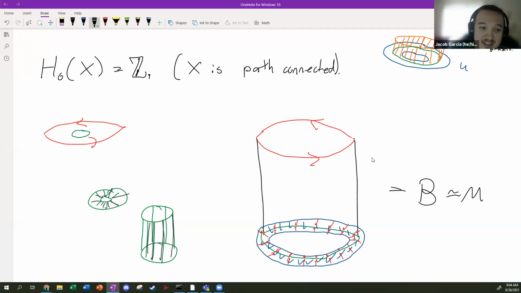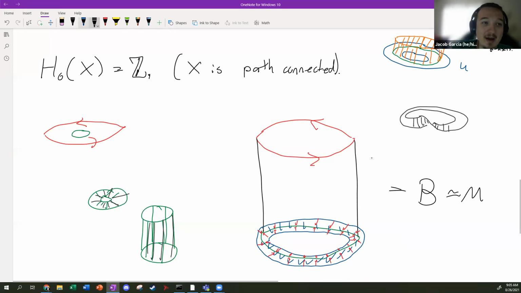I spent quite a long time looking at this picture, which is another way that people draw the Mobius band, where they try some clever drawing to make it look like it's rotating.